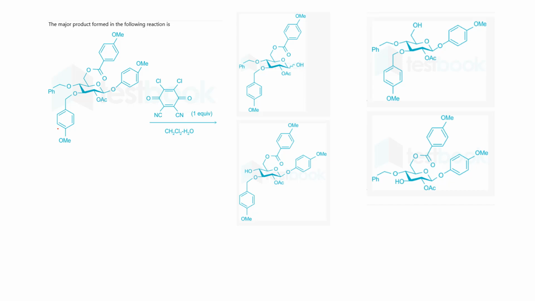There are also four types of protecting group. One is benzyl, one is paramethoxybenzyl, one is this paramethoxyether, another is paramethoxyester. So which will be deprotected in presence of DDQ?